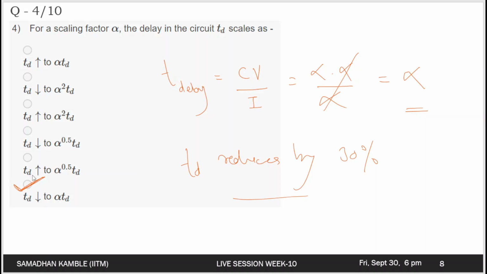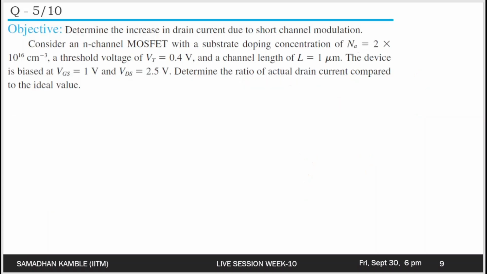Okay, so the questions from the common data are over now. I think we will move to the next question then, question number 5. So the objective of the question is as follows: determine the increase in drain current due to short channel modulation. So the question, I'll read it for you.